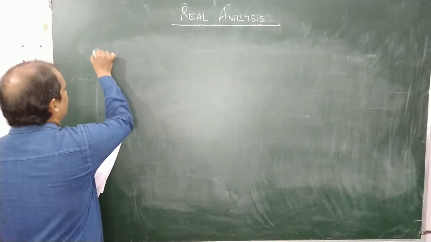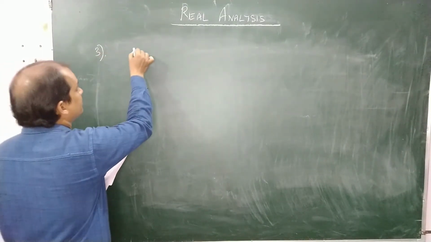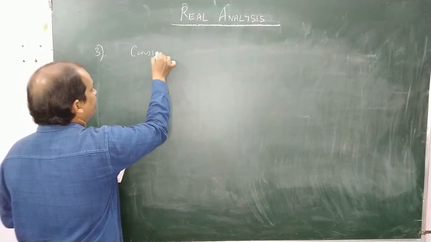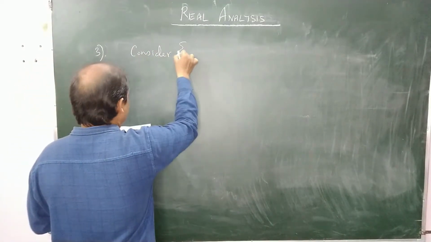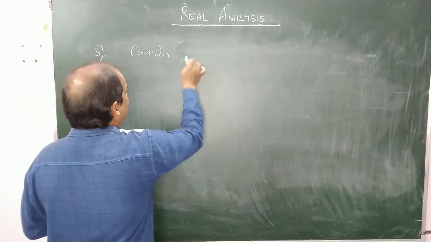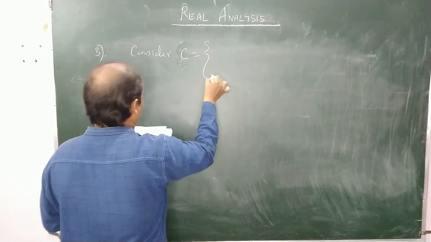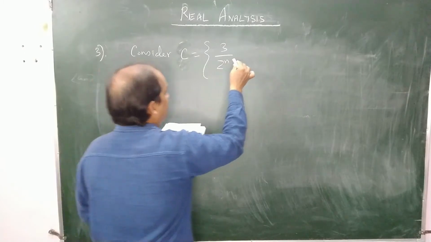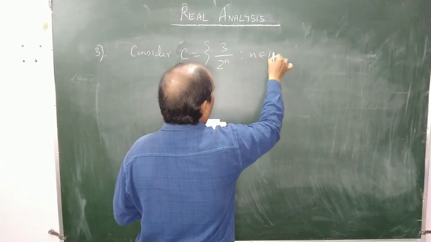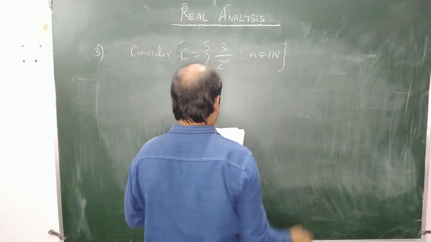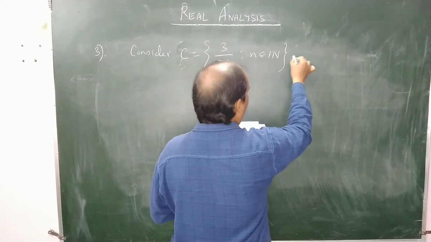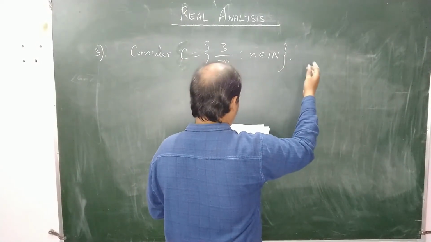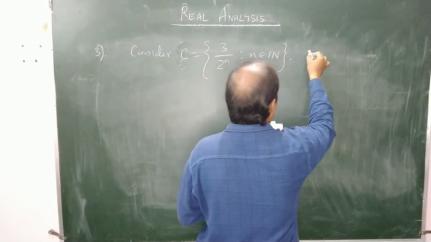Example three: consider this set C equal to 3 by 2 raised to the power n, such that n belongs to the set of natural numbers. Now the question is: is this set bounded, and if it is bounded, find its infimum and supremum.